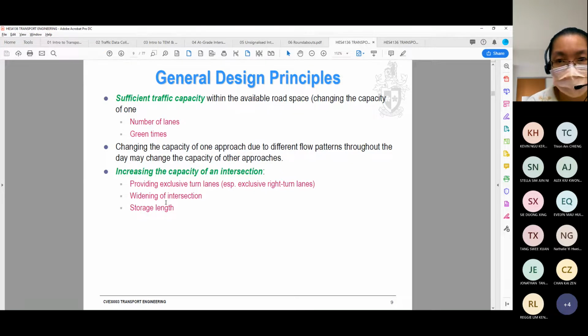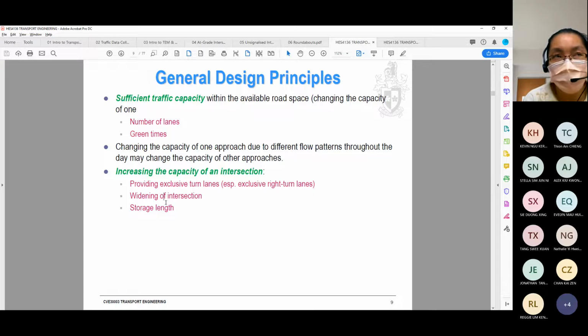Now for a signalized intersection, what is important is that we want to allocate sufficient green time to all the approaches of the intersection, without causing a lot of delays to the rest of the users who are waiting at the intersection.